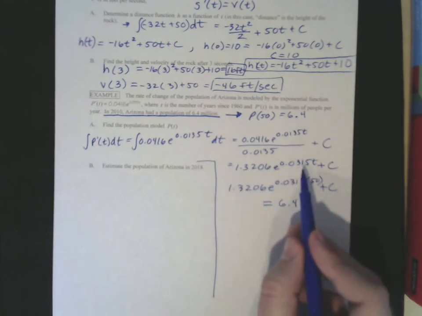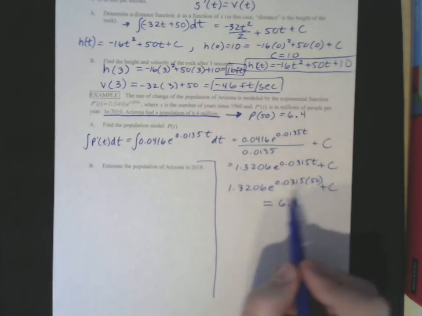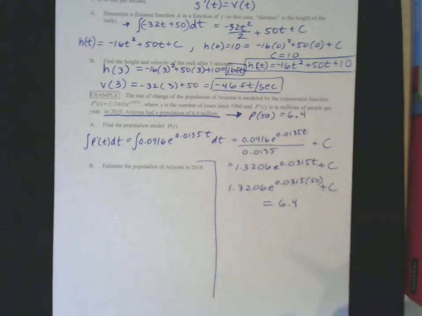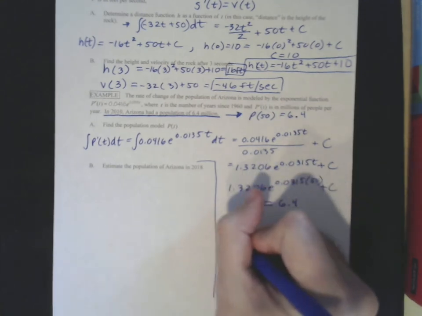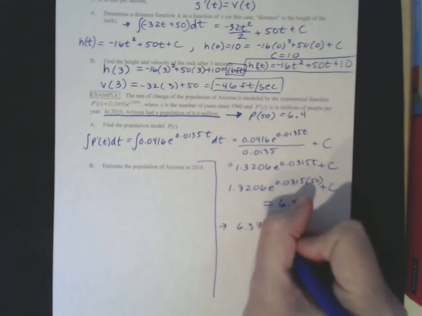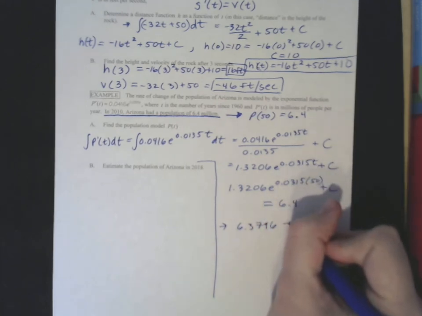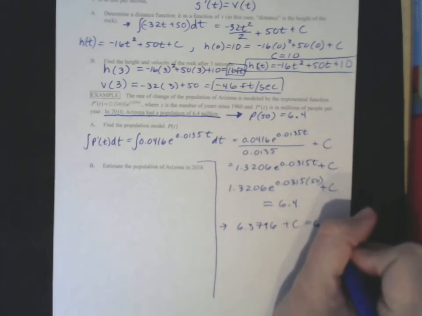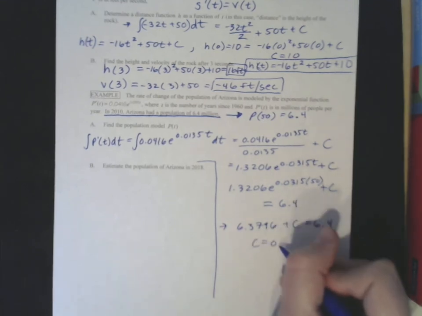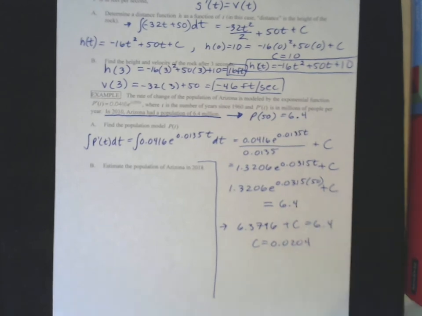So this is a nice big number that you just plug into your calculator and you approximate it. We have 4 decimals, so we're going to approximate to 4 decimals. So when we plug this in, I get 6.3796 at 4 decimals, and this would be plus c equals 6.4. And then we're just solving for c, and c is 0.0204.